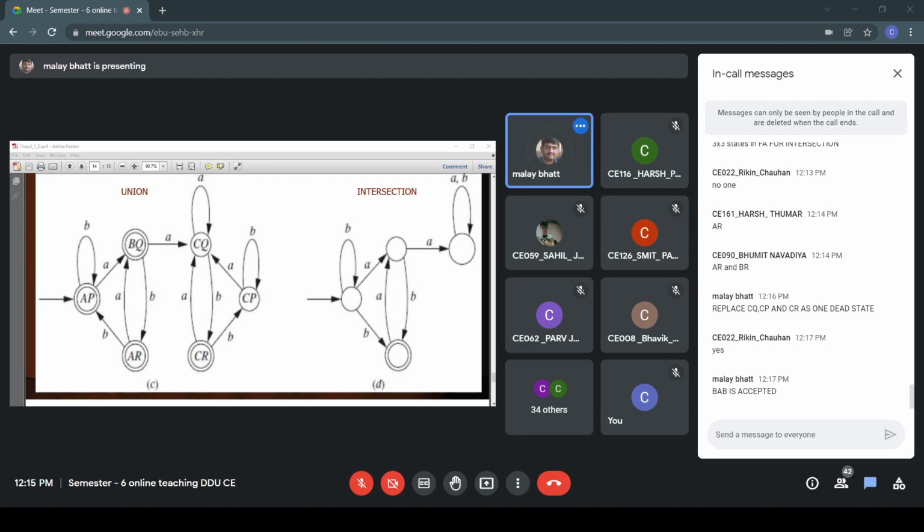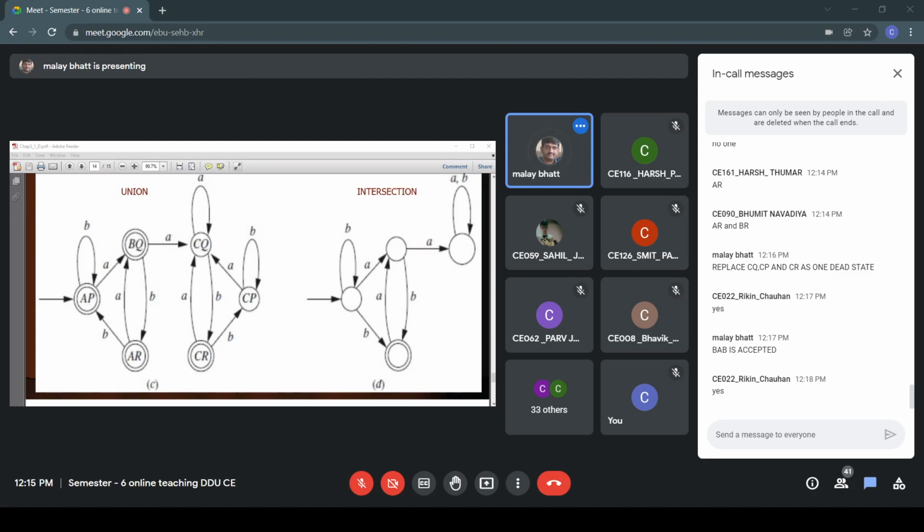Here can you find one small problem with this diagram? Can you see that there are two outgoing arrows from the initial state on input B?